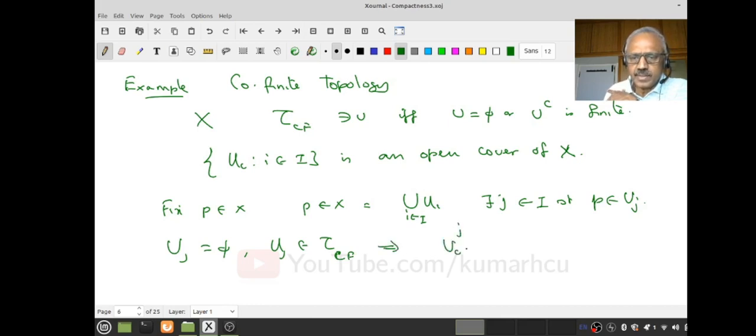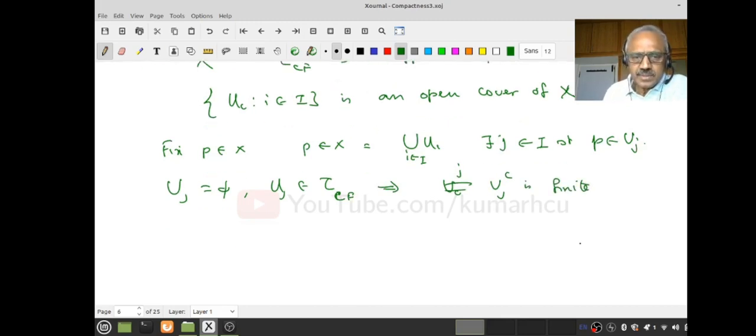U_j complement is finite. So that means X equals U_j union F, where F contained in X is a finite subset.